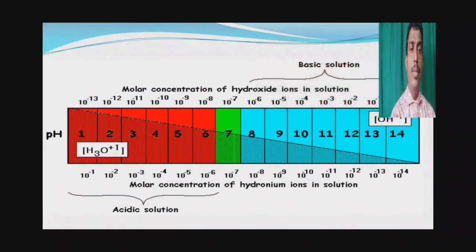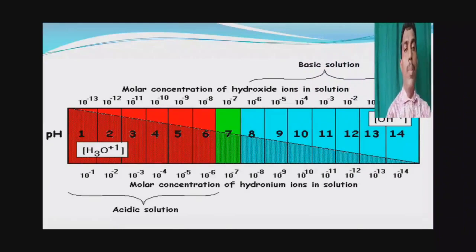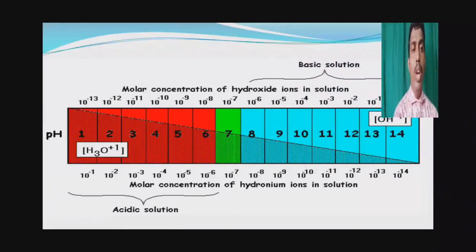The H3O plus ion concentration is represented below the cross line, and the OH minus ion concentration is represented above the cross line. Here pH values are given below the pH paper: 10 power minus 1, 10 power minus 2, 10 power minus 3, minus 4.